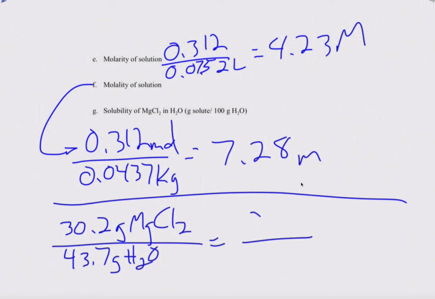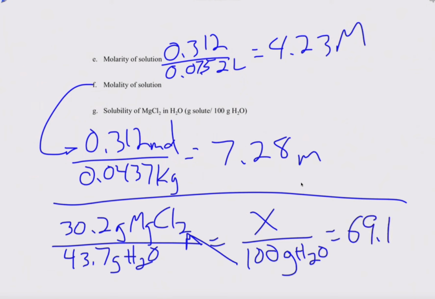So the question then is, how many grams of magnesium chloride would be dissolved if we had 100 grams of H2O? So we cross multiply here, 30.2 times 100 divided by 43.7. And we would find that you could have 69.1 grams per 100 grams of H2O.